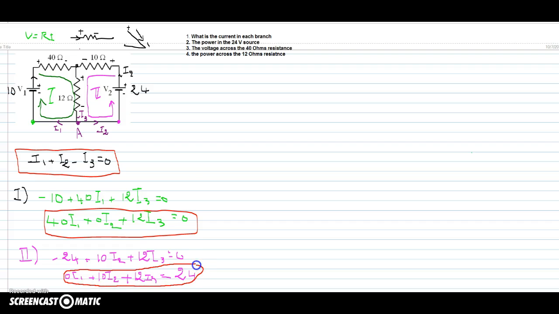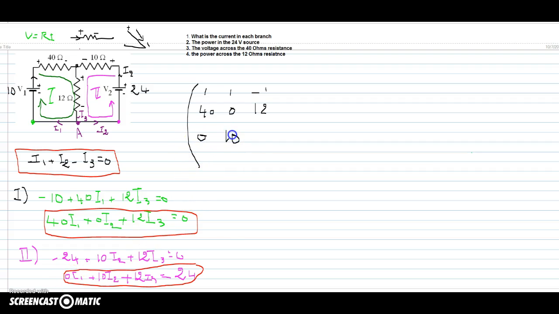All right, now here is my matrix. So this is 1, 1, negative 1, and then in this equation I have 40, 0, 12. And the last one 0, 10, 12.